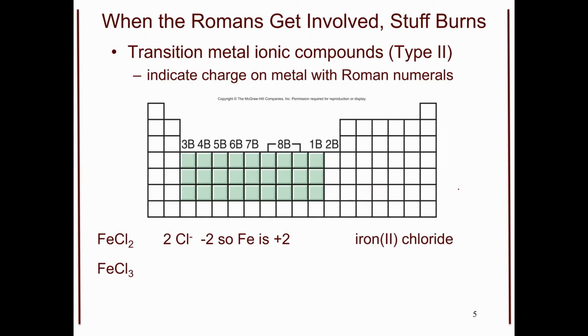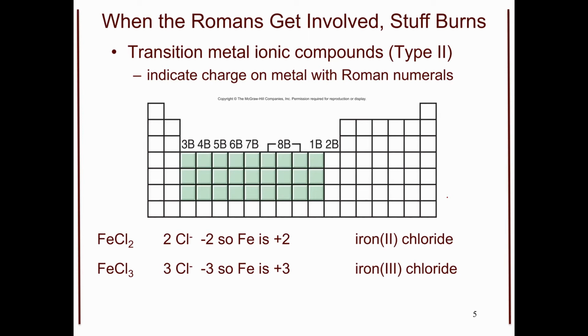The reason because is now I also have this species, which is iron chloride. But now you can see because I have 3 chlorides, which are each 1-, that means that my iron must be 3+. I will signify that by calling it iron 3 chloride. So when you are not sure as to the charge on our metal, you must signify it with a Roman numeral.